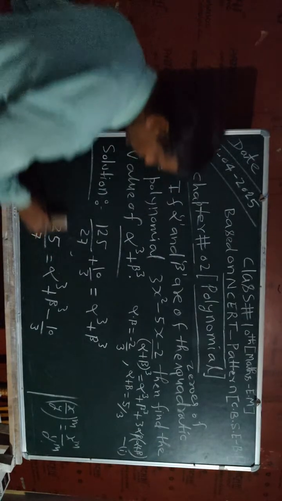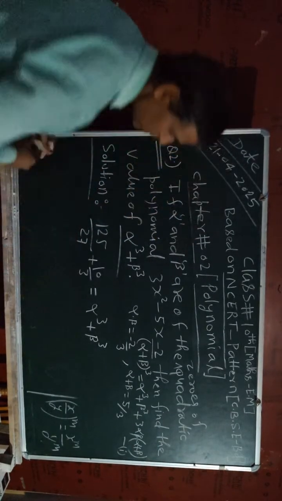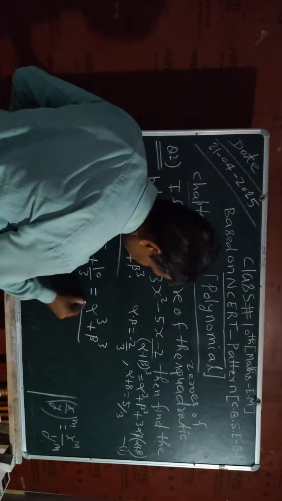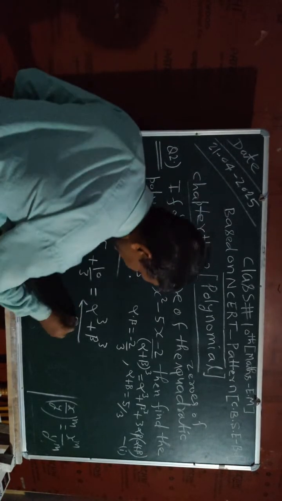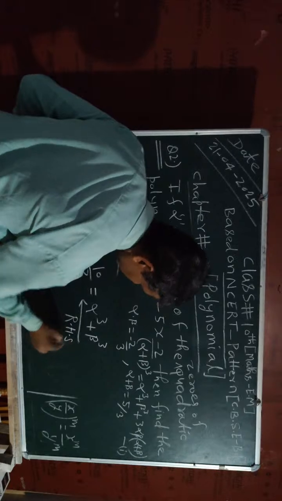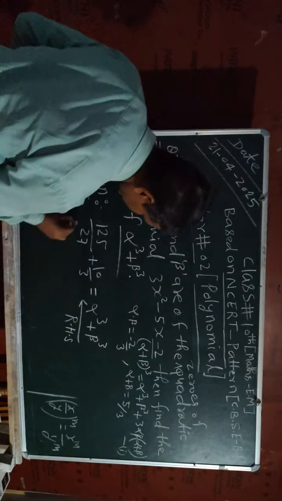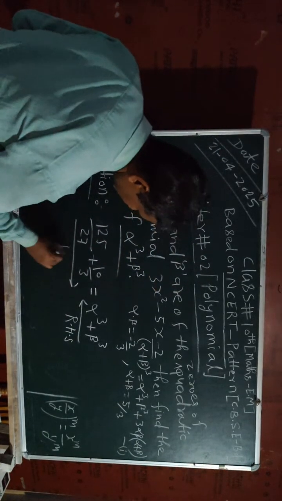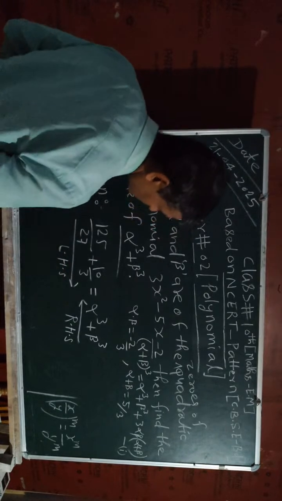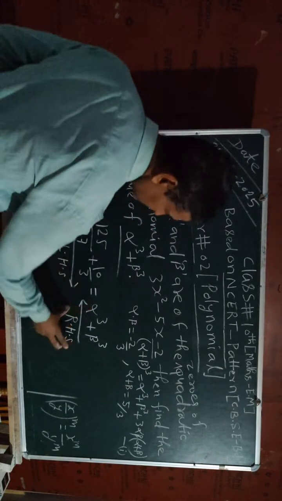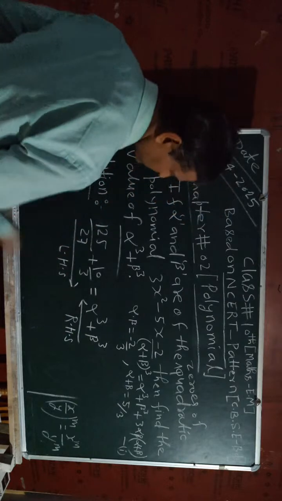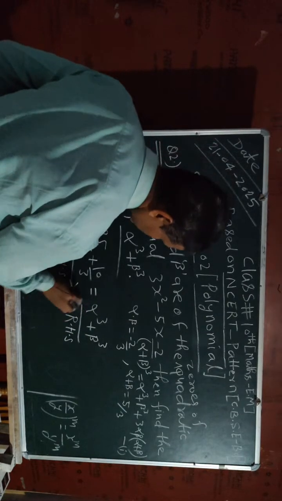Now I am going to erase this one, and you have to listen carefully. This is the right hand side term, and this is the left hand side term. So this right hand side term I will put in the left hand side. Here I am going to use a symbol like this.